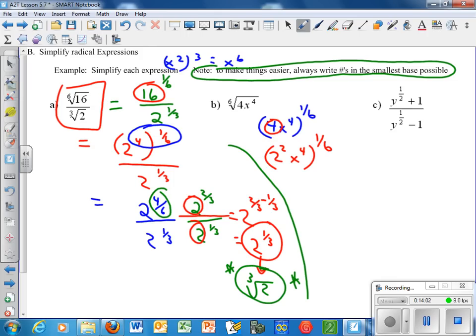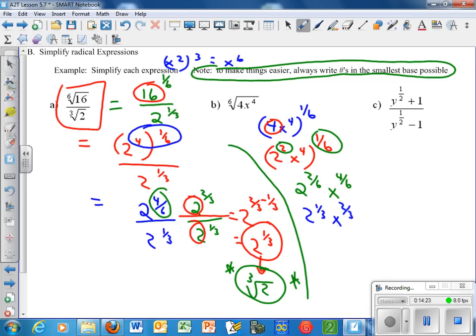Okay, so now I'm going to multiply power to a power exponents. So I'm going to have 2 to the 2/6 power, x to the 4 times 1/6, or 4/6 power. Okay, well, that's 2 to the 1/3 times x to the 2/3 power.